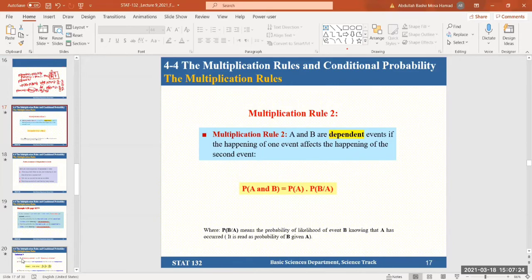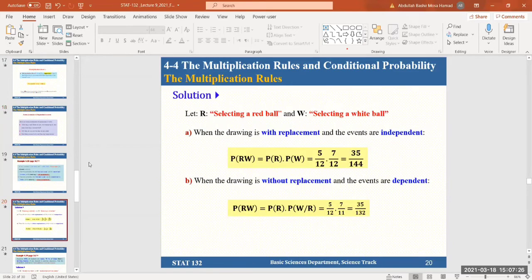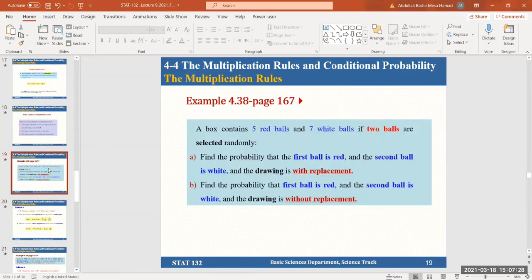Clear. Let's take this example, almost the same example. A box contains 5 red, 7 white. We draw 2 balls. Find the probability that the first ball is red and the second ball is white. If drawing with replacement, with replacement means what? We return them back. Yes. So if we do replacement, then it is independent, right?